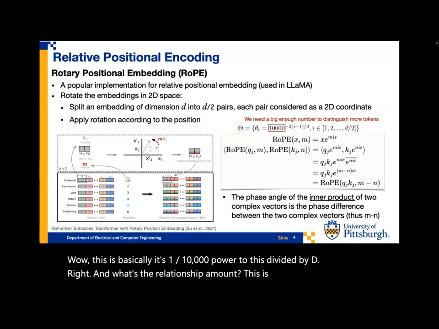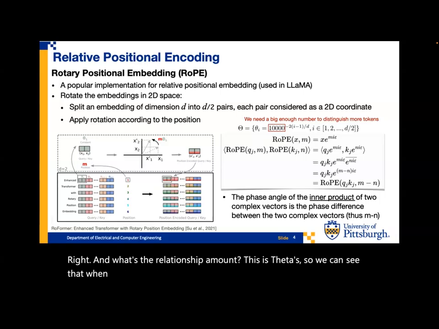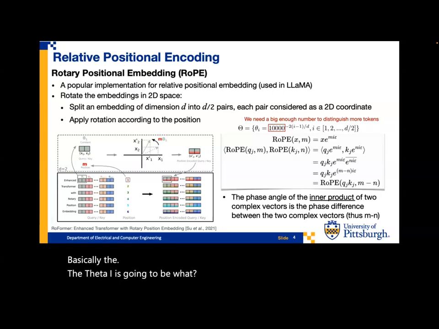We can see that when the index I is larger, theta I is going to be smaller. So each pair is rotating by a smaller and smaller degree. Does that make sense?